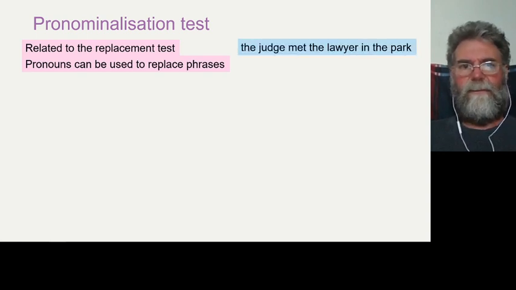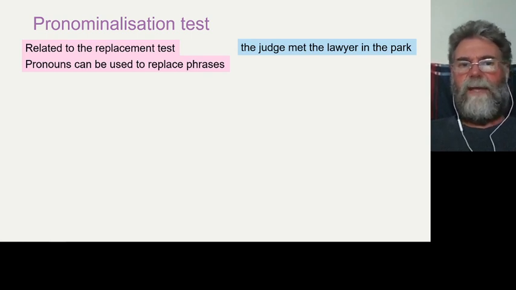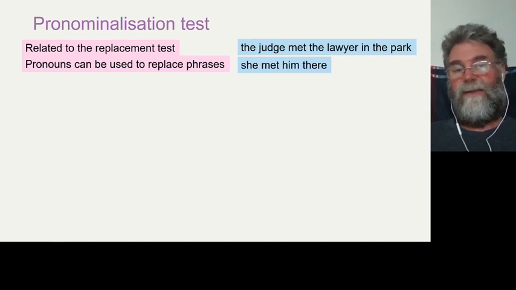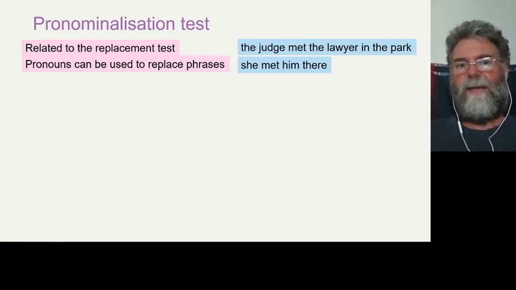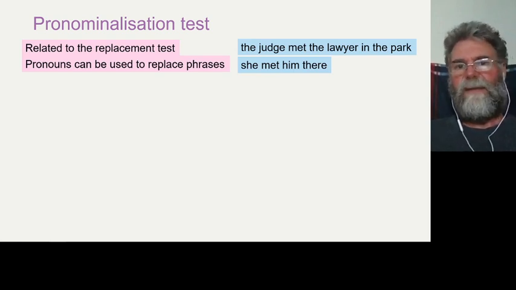So, for example, let's take a sentence like the judge met the lawyer in the park. Now, if she refers to the judge and him refers to the lawyer and there refers to in the park, then she met him there means exactly the same thing as the judge met the lawyer in the park.